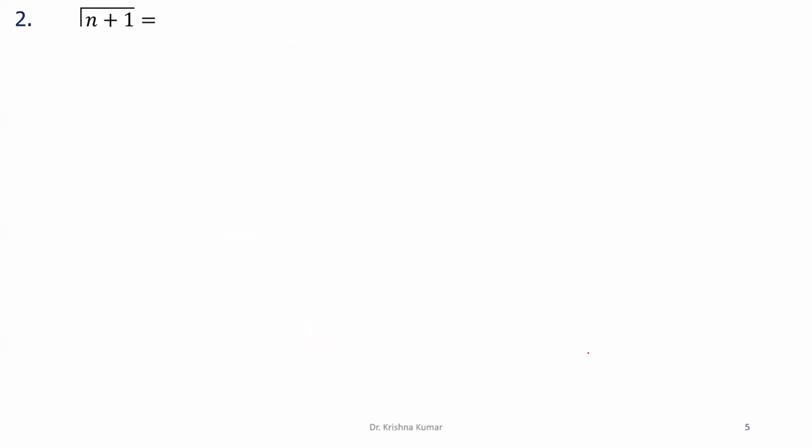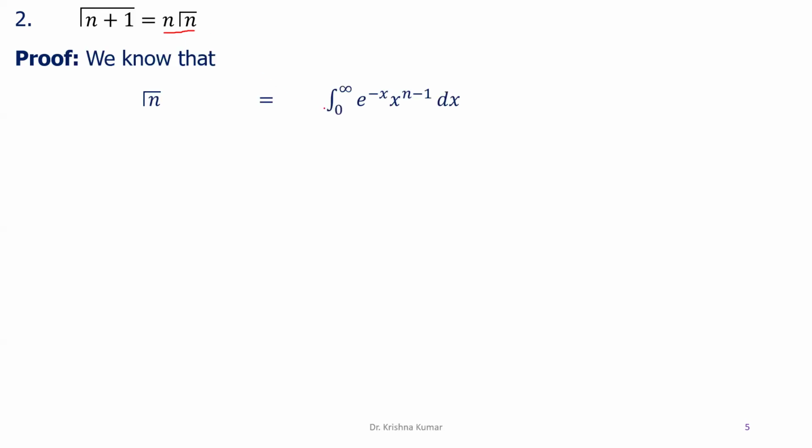The second property is based on the reduction formula of the gamma function: gamma of n plus 1 is equal to n gamma n. Let us prove this result. We know that gamma of n is equal to the integration of e to the power minus x, x to the power n minus 1, under the limit 0 to infinity with respect to x. Now let us replace n by n plus 1.